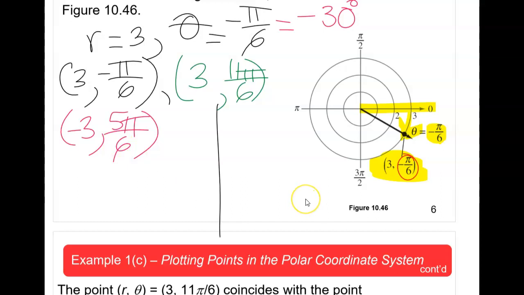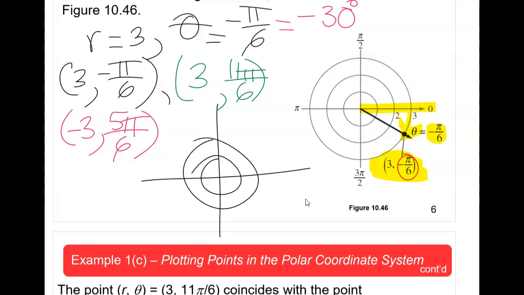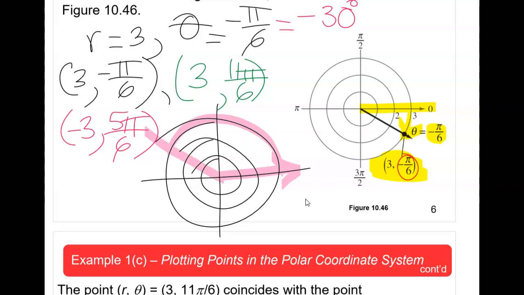I'm going to just draw it here. So we could go 5 pi over 6. So we start here. And then on the third circle, we will go right here, about there. Positive angle. And then our point will be right here.